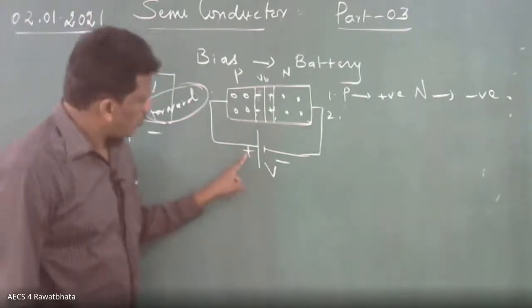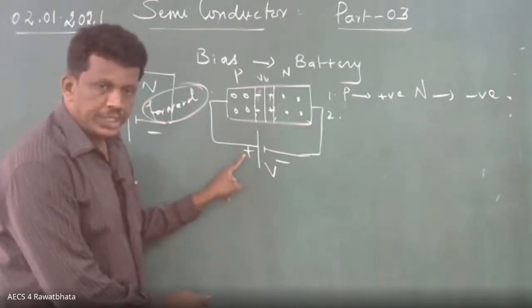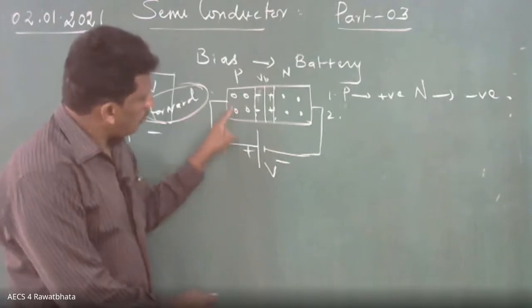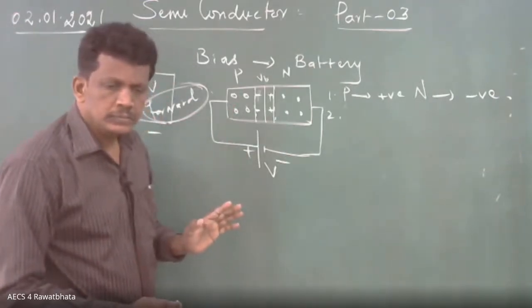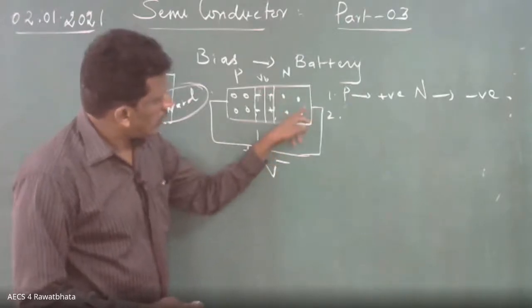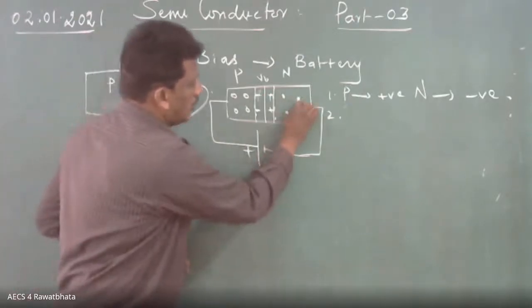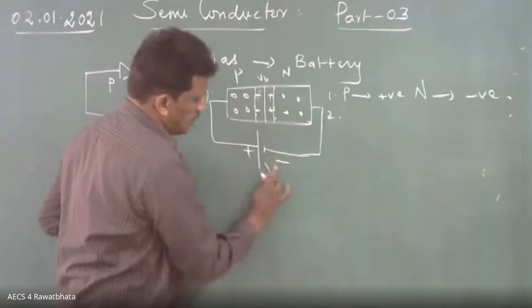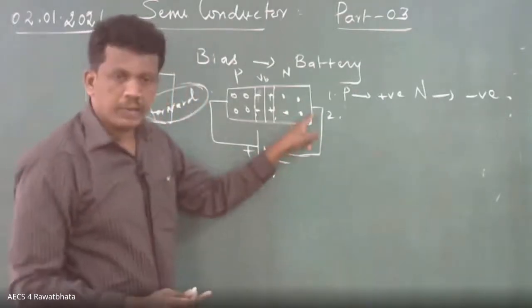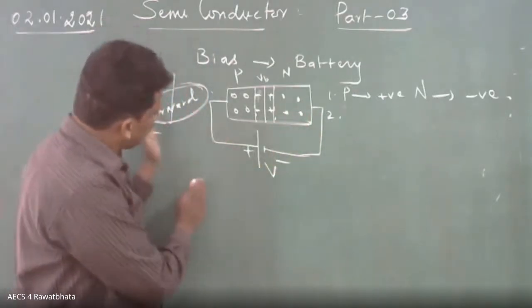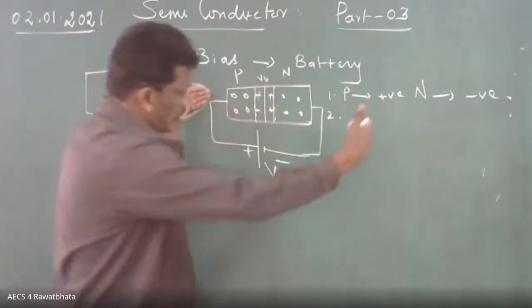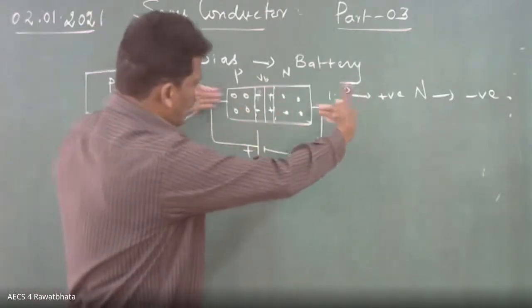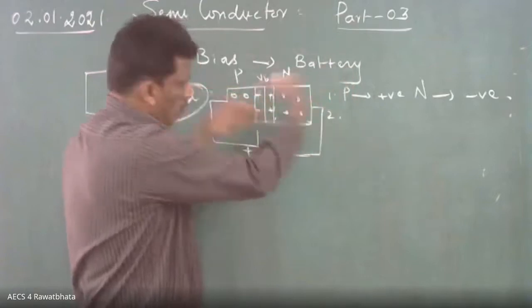Holes. Here the point is positive, so positive, positive, what will happen? Repel. In the N region, what is the majority? Electrons. Here negative, negative, repel. So the positive will repel the hole, the negative will repel the electron. So now, what will happen? They have to diffuse now.